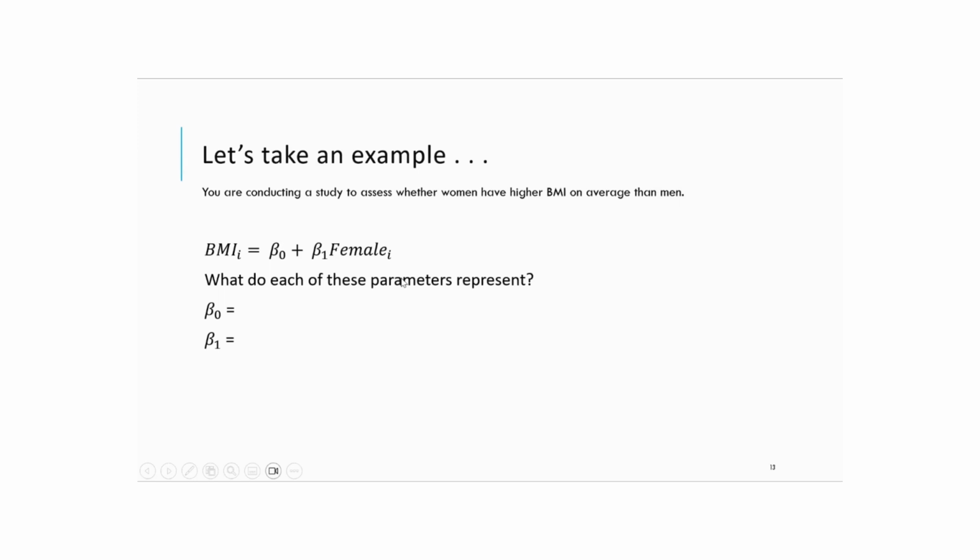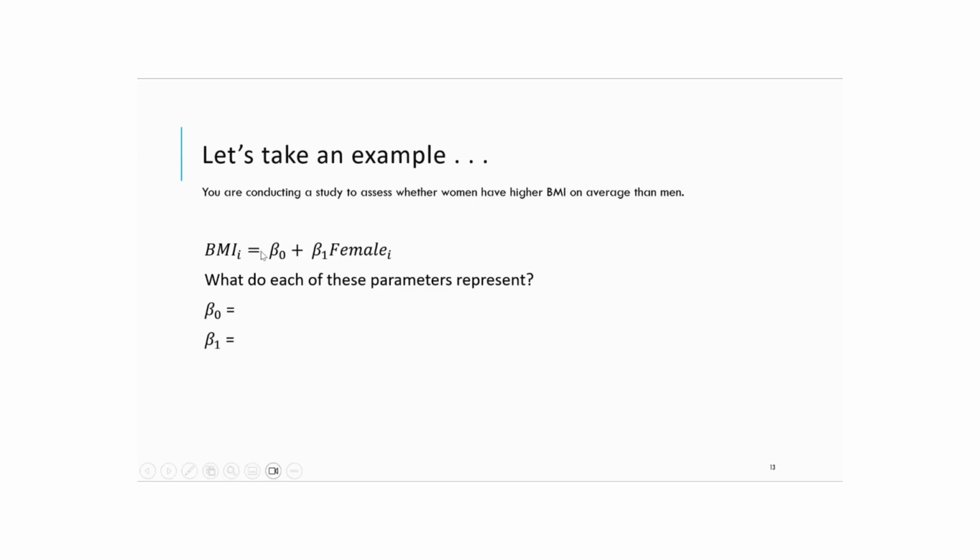As part of the refresher, let's look very quickly at a study. You want to understand whether women have a higher BMI on average than men. Your dependent variable is BMI, and of course you have your intercept, and you have whether a person in your study is female or not as your beta 1.